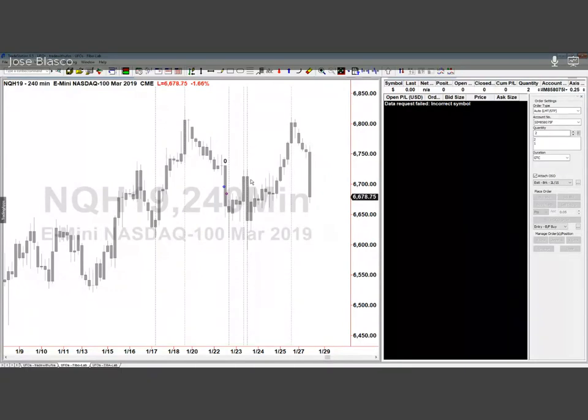So let's begin with the low. So Fibonacci projection first. This is the low. This is the high, and this is the low, and here are your projections. If you look at the highs, you would do, this is the high, this is the low, and this is the high.